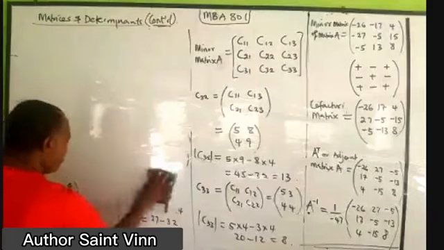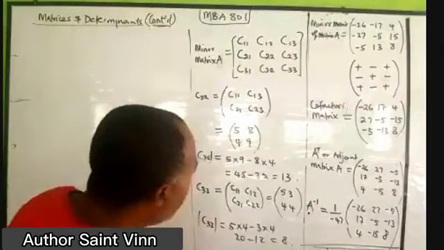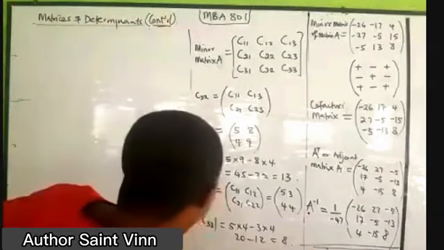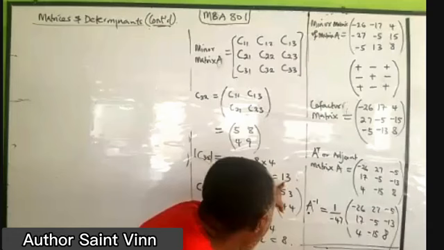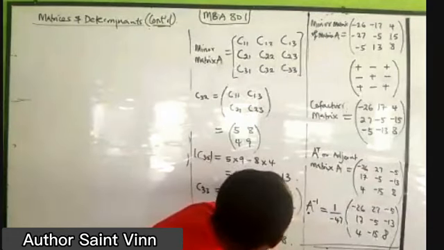Hello, sir. Yes. That 15 that you are writing, I think it's 13. What we got from the C32 is 13. What you are writing is 15.